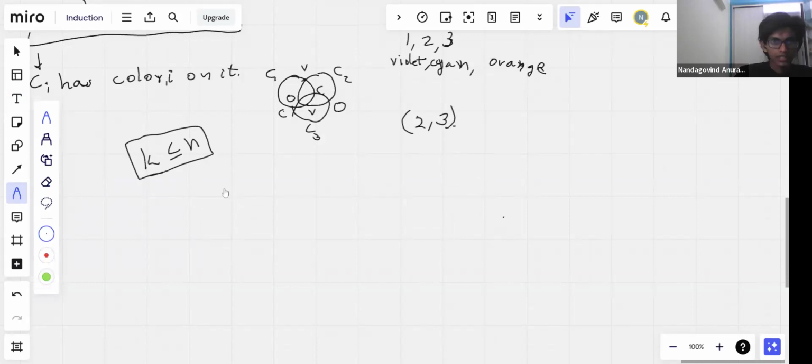So this is slightly nicer: C1 and C2 intersect at 1 and 2, C2 and C3 intersect at 3 and 4, and C1 and C3 intersect at 5 and 6. So the idea here is just asking you all to construct for k equal to n.